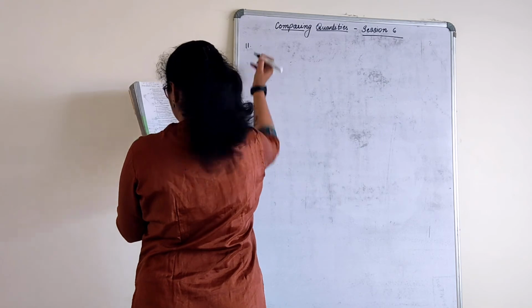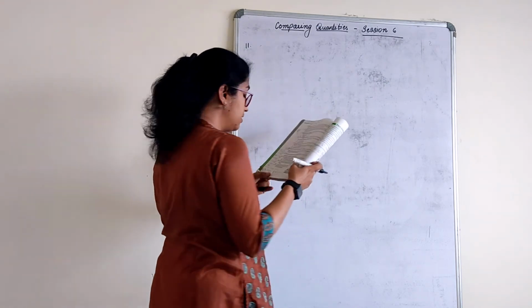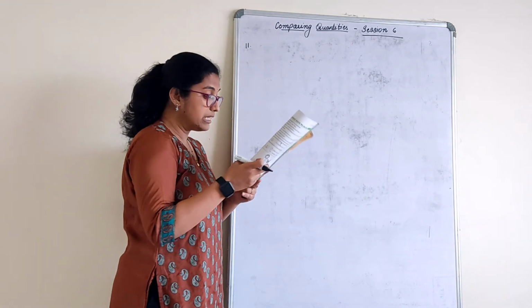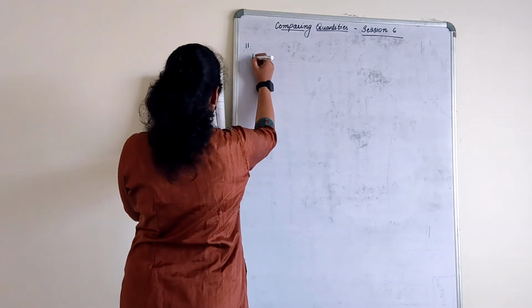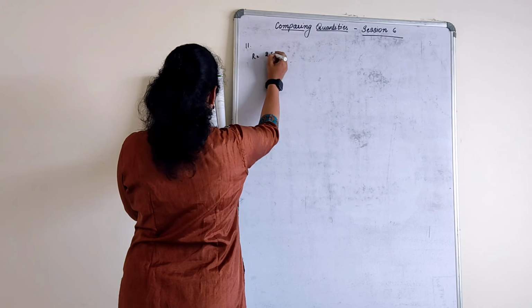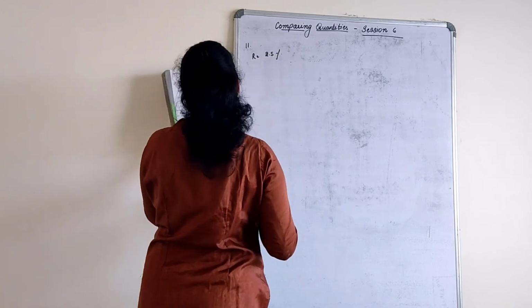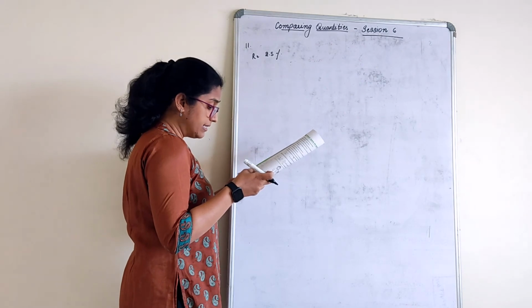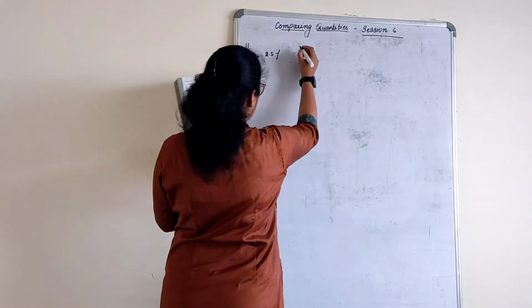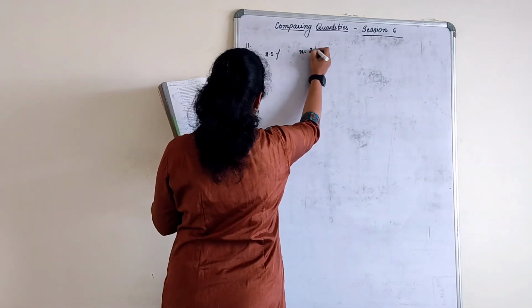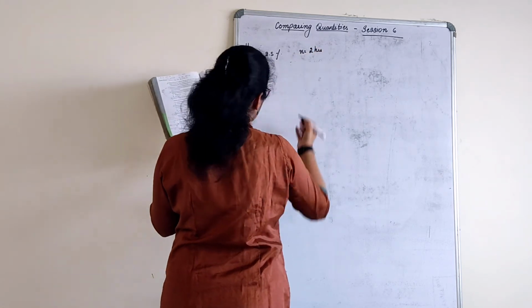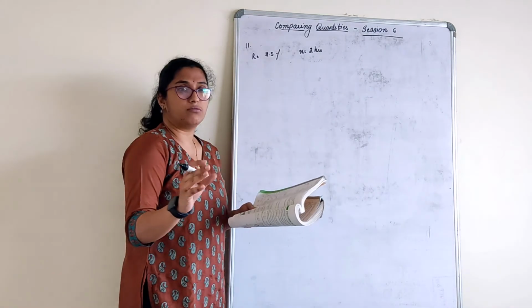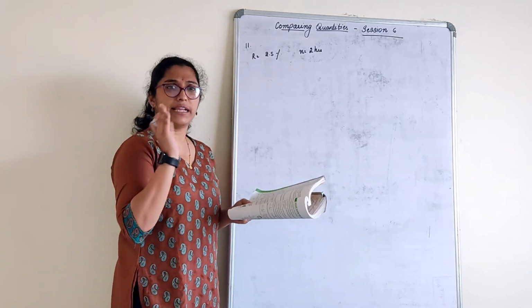Eleventh one. In a laboratory, the count of bacteria in a certain experiment was increasing at the rate of 2.5% per hour. Find the bacteria at the end of 2 hours. N is equal to 2 hours. When we talk about N is 2, whether in terms of years, hours or whatever, N is 2.